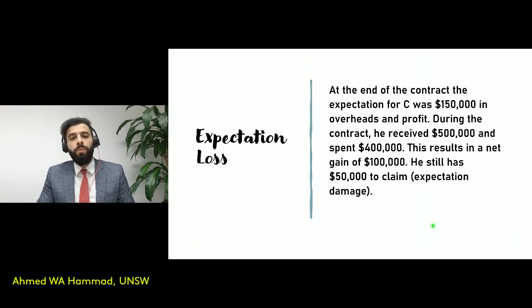If we look at expectation damages, the way you'd calculate it is as follows. C had $150,000 specified as overheads and profits. During the contract period, he received $500,000 from P, and the expenses for C were $400,000.